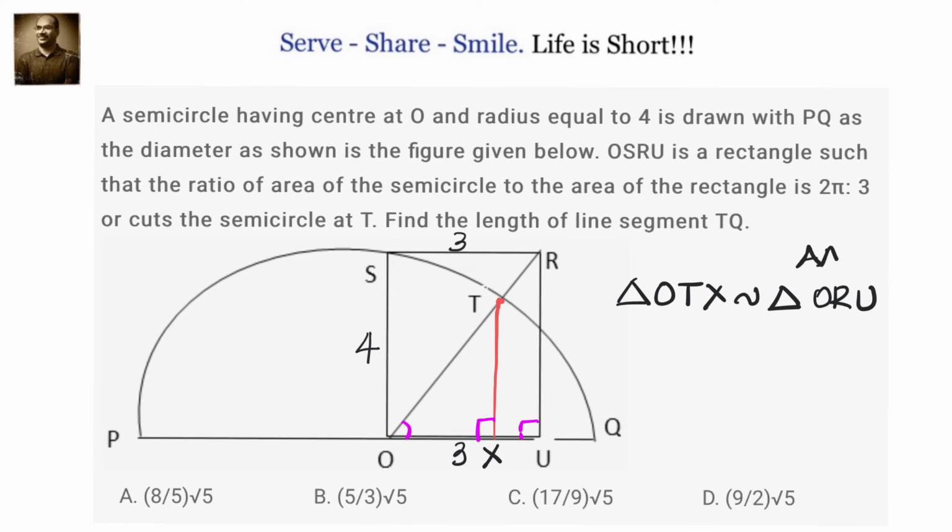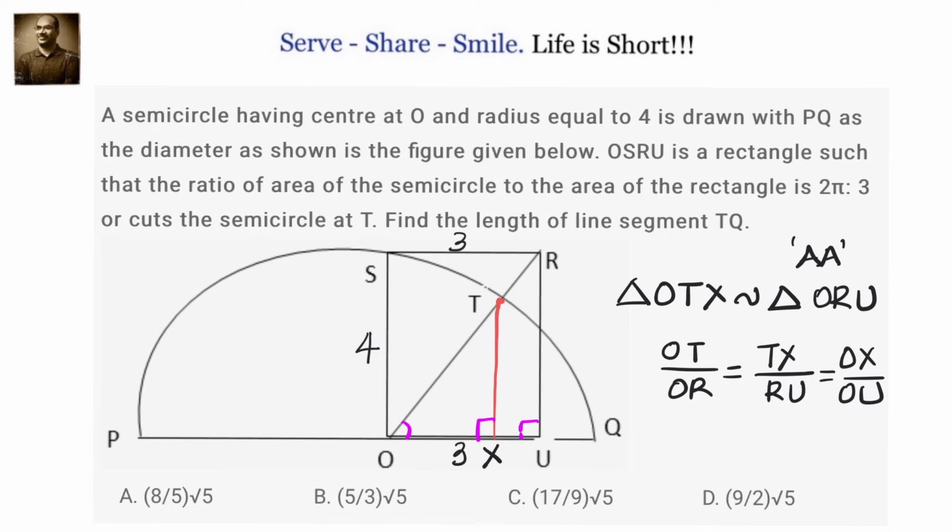That means we can easily calculate TX and OX. If we know OX, then we can calculate XU. If we know XU, then we can calculate XQ. We know TX, we know XQ, so we can calculate TQ because it's the hypotenuse of right angle triangle TXQ. That is our approach to solve this problem.